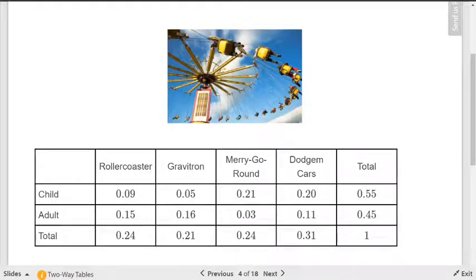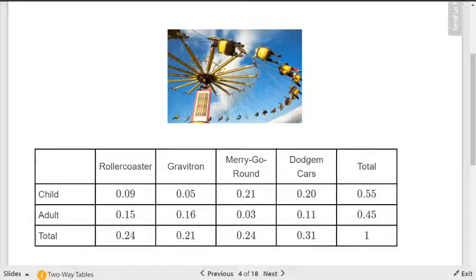So these are not raw data numbers. These are actual probabilities. But if you'll notice at the bottom, they still do totals. So 0.09, exactly. So 9% of the people there were children who rode the roller coaster.